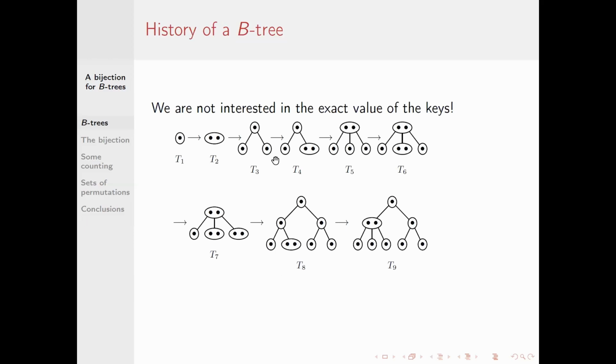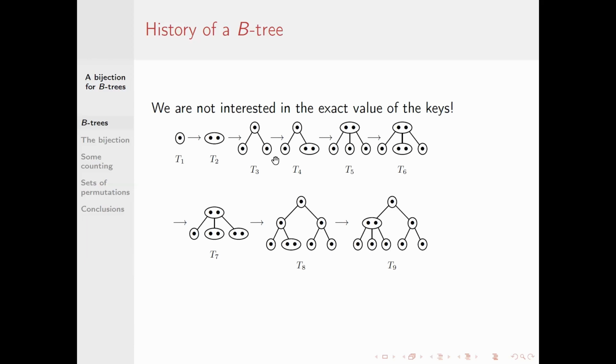For most of this talk, we're not actually interested in what the exact keys are. They're sort of interchangeable. So we represent them by blobs. And by doing this, you lose some information. So for example, here, you cannot tell anymore whether it was the left key or the right key that came from T1. So it's unclear.